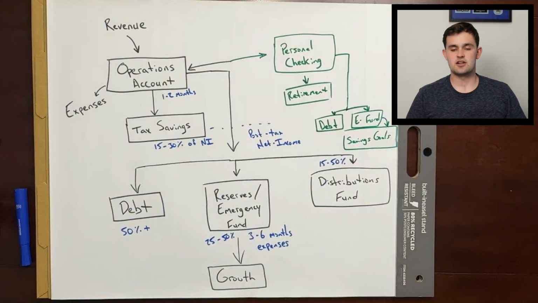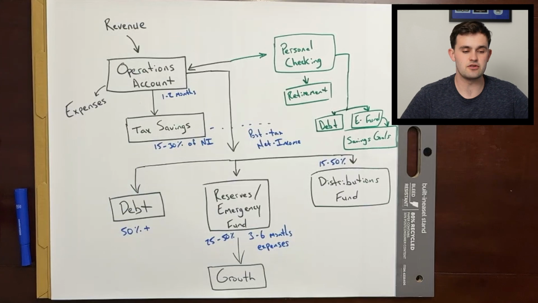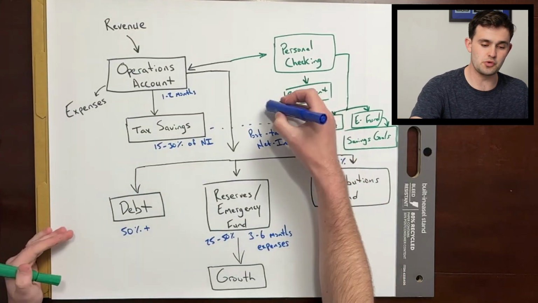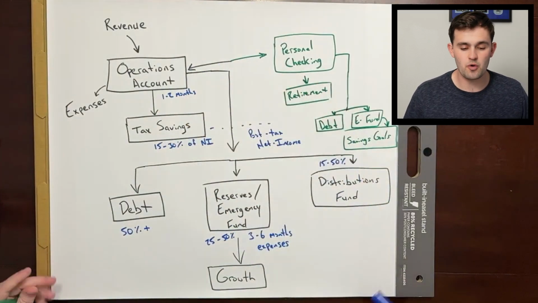But so you see how this concept can be applied to your personal life as well. And it helps to draw all of this out. And again, set percentages or fixed rules for how much should be going where, right?